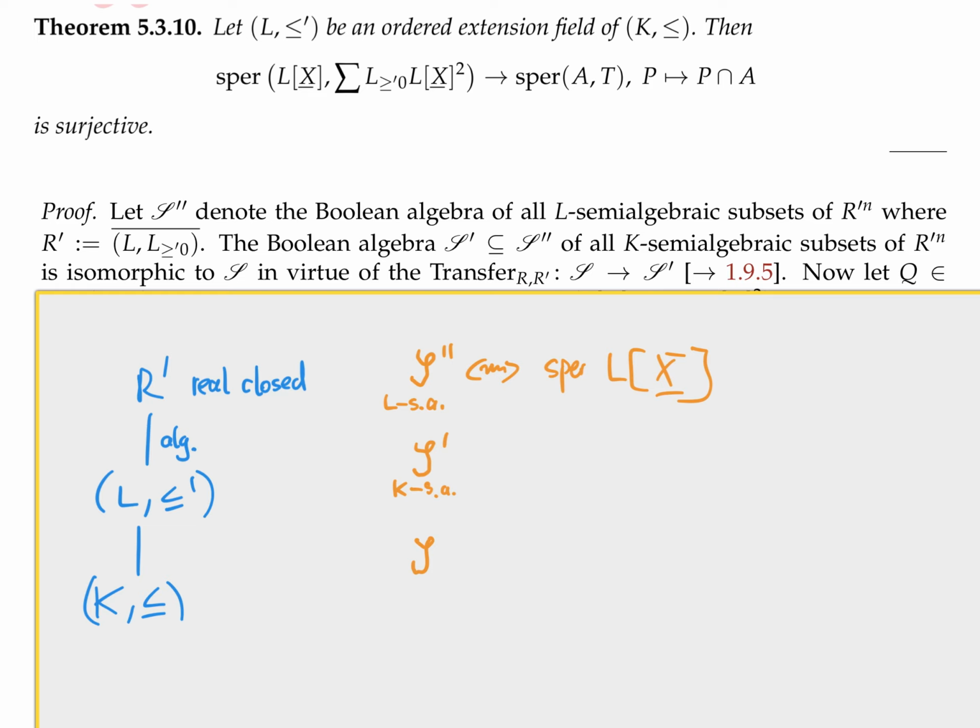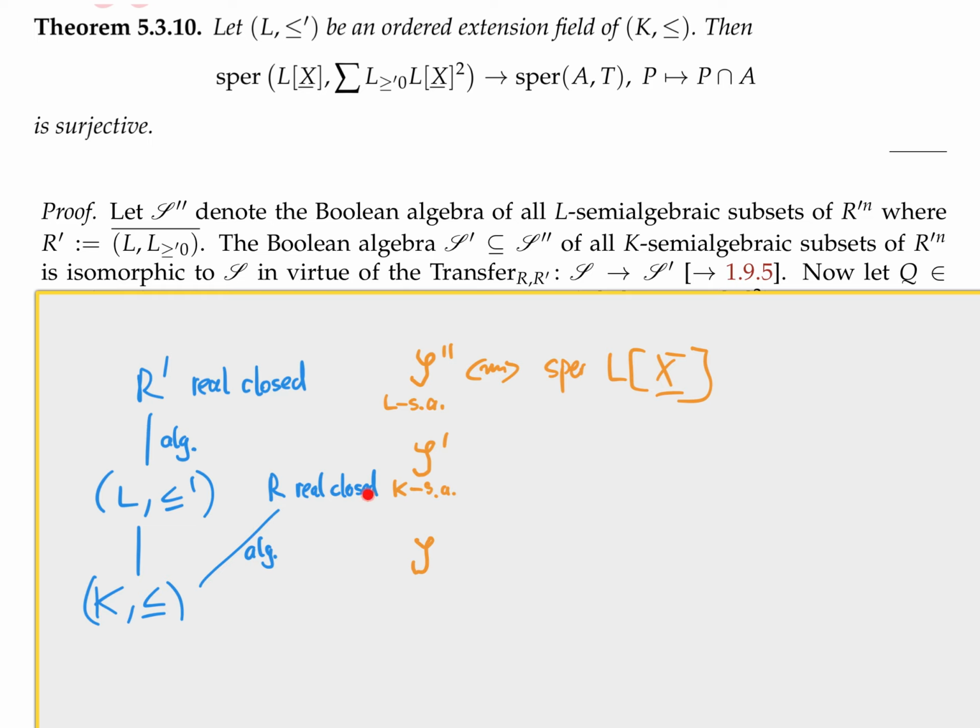So if here of K less than or equal, I have R real closed and algebraic over K, and it should be an ordered extension field of K less than or equal. That means R is the real closure of this ordered field. And R prime is the one of this, right? Good.